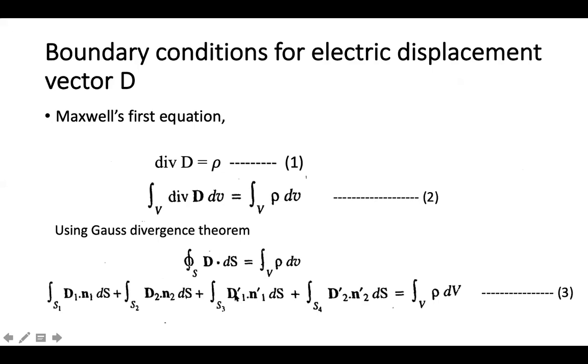These are the same electric displacement and unit vectors, but because they are related to different surfaces, we have taken different notations. But look at the third term and the fourth term. Both these terms refer to the side wall of the box. They are not the top and bottom, but the side of the box. So please remember that.